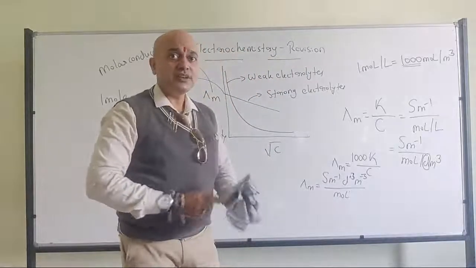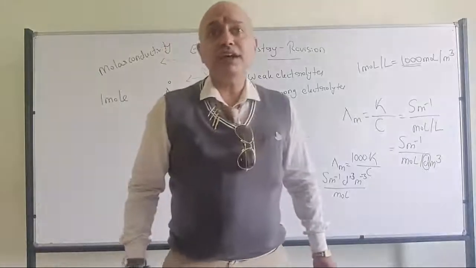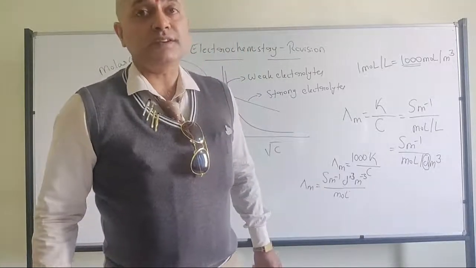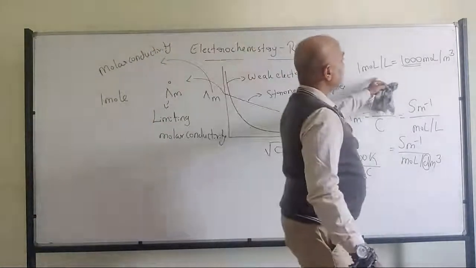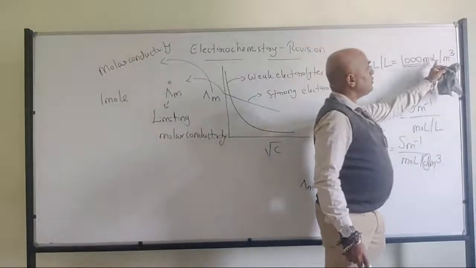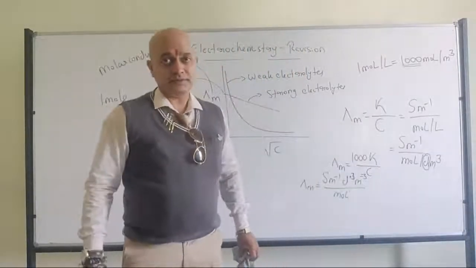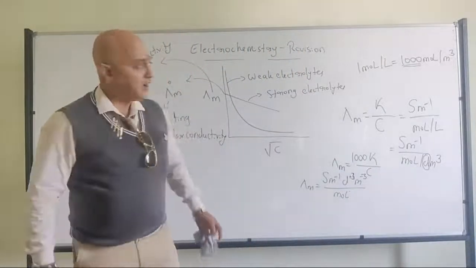That is due to deci cube. So 10 into 10 into 10, that's where we get the 1000. That's how we can interconvert these things. Moles per liter we can convert into moles per meter cube, just multiplied by 1000. Okay, all of you have understood?